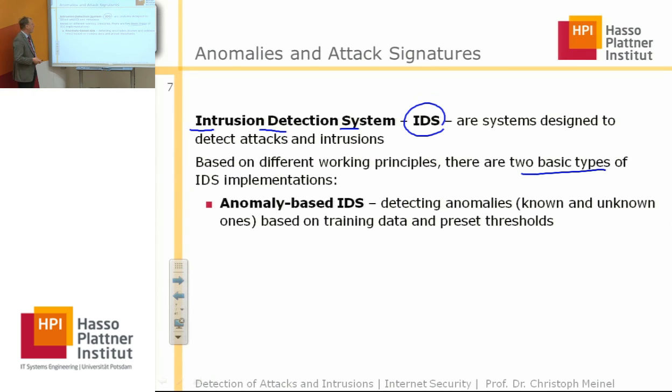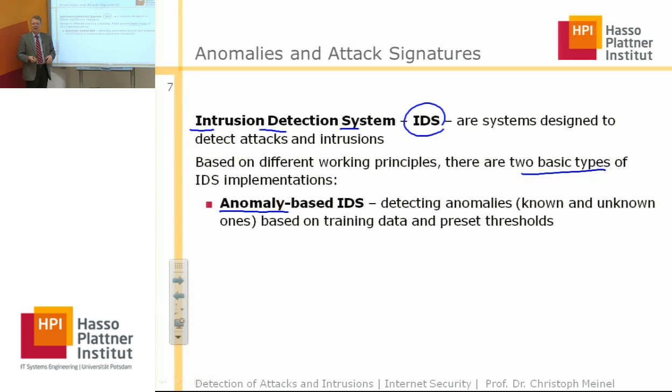One type is based on analyzing so-called anomalies. These are the anomaly-based intrusion detection systems, which detect anomalies in the behavior of the system. The advantage of this approach is that I have knowledge about the usual behavior of the system, and then I monitor for unusual events. This helps me conclude something is wrong, something has happened.